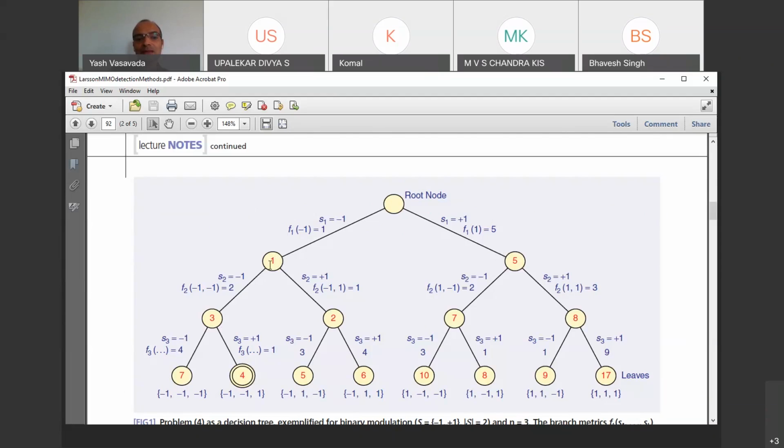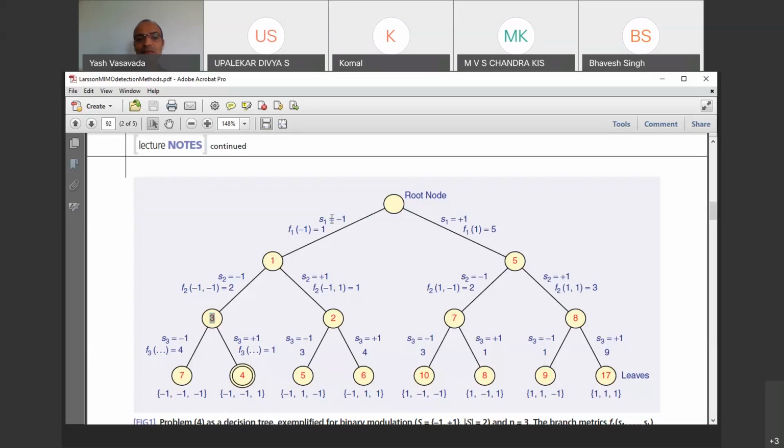Now I will go to the evaluation of the next function, which is f2. And f2, remember, is dependent on s1 and s2. And so there will be four possibilities: -1 -1, -1 +1, +1 -1, and +1 +1. The value of f2 for the first possibility, -1 -1, is 2. f1 was 1, and so the summation becomes 3.